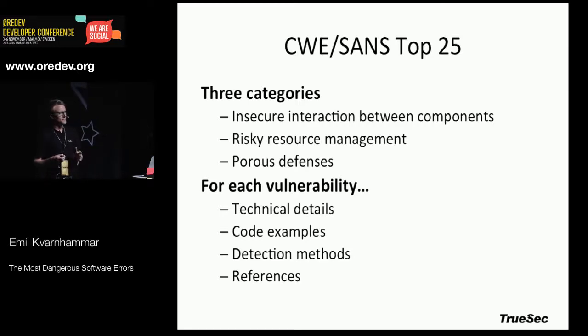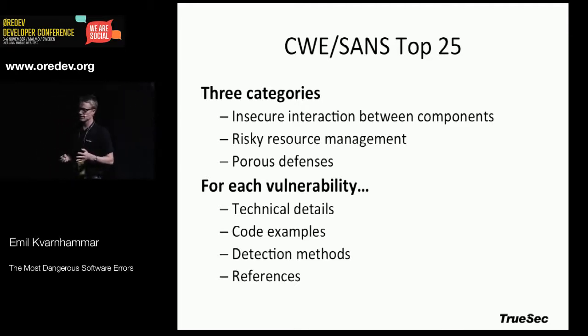The list is divided into 3 categories, and we're going to go through these categories in the presentation. The categories are insecure interaction between components, risky resource management, and porous defenses. You'll see later what these categories contain.